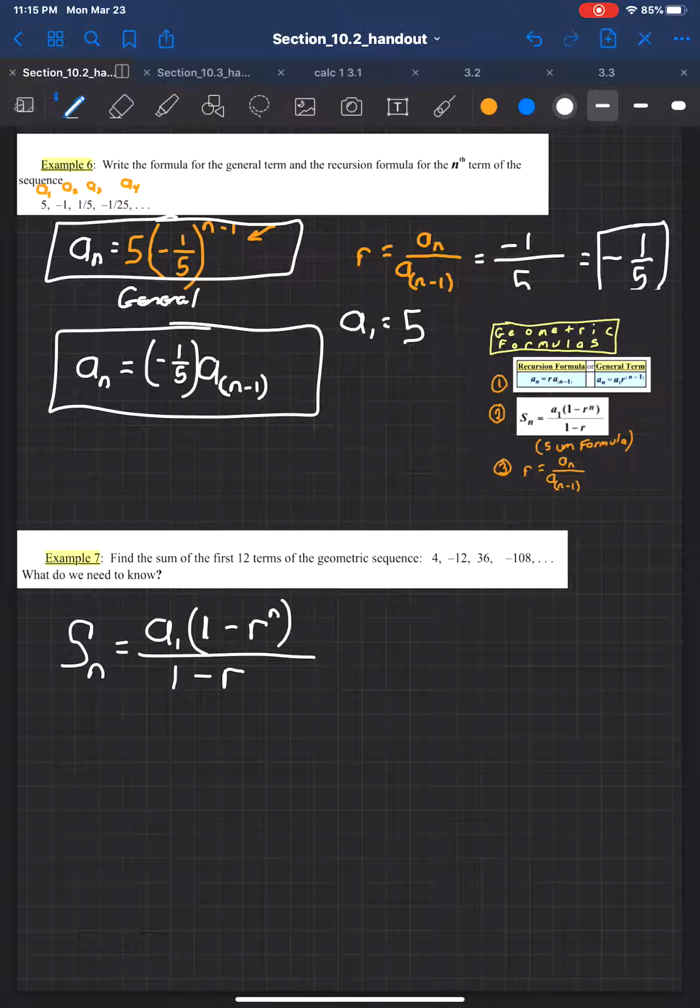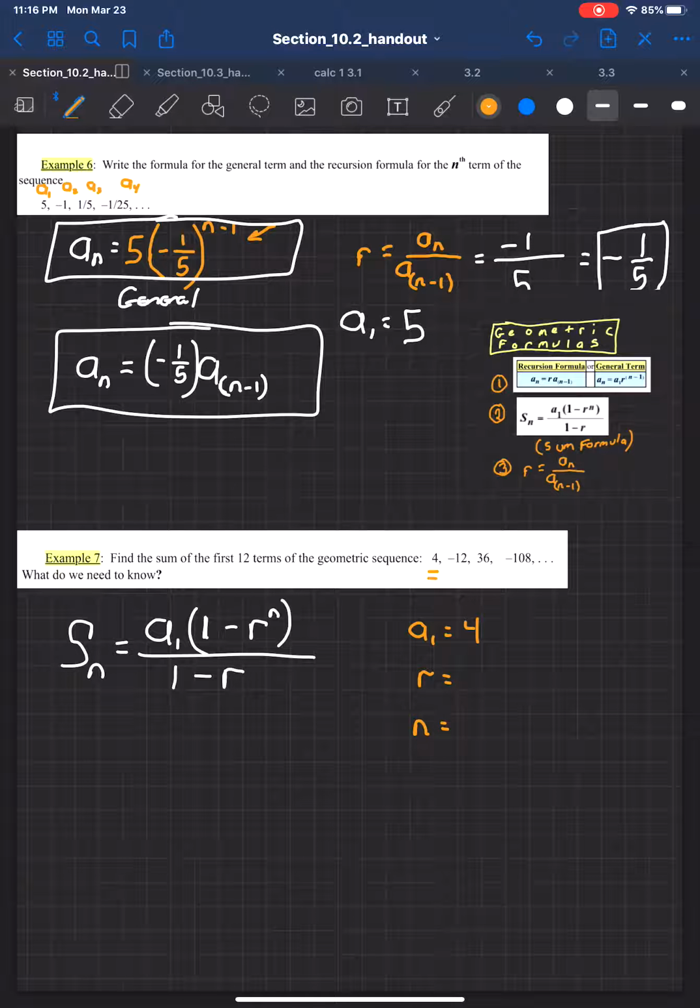Okay, so notice in this case, the sum formula requires that we know the following information. We need to know what the first term is. We need to know what the common ratio is. And we need to know how many terms you're asking us to add up. So let's go through this. The first term is 4.